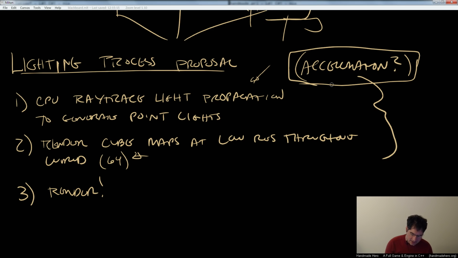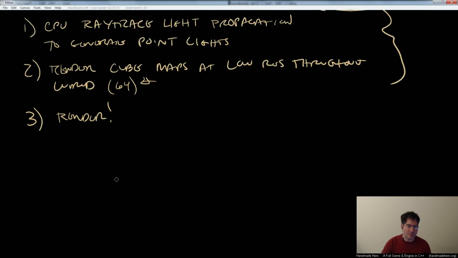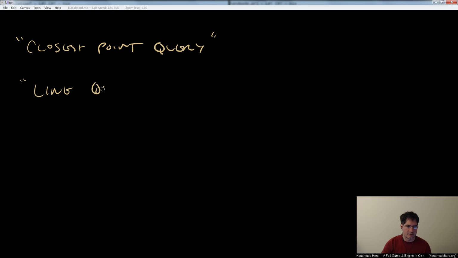And so maybe, this is why I was saying, maybe it turns out that they can be the same, because if the world chunks just work for both of these, then maybe it's fine. But the problem is that one is a closest point query. And one is a line query.